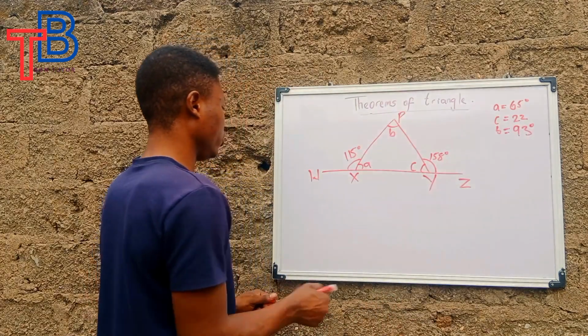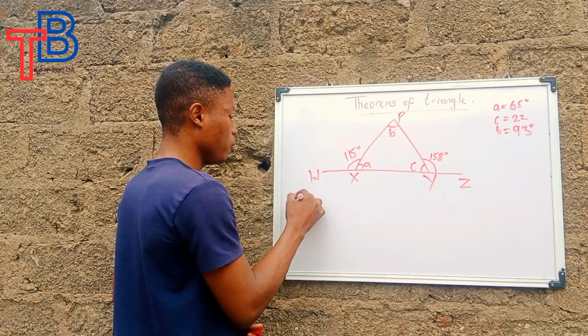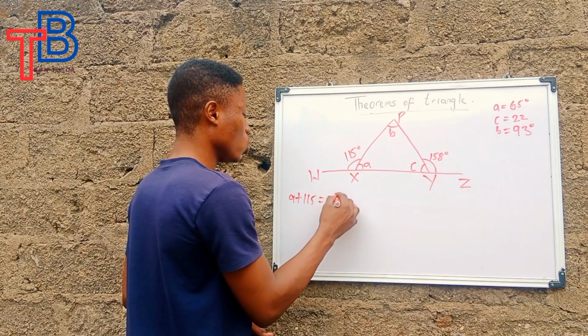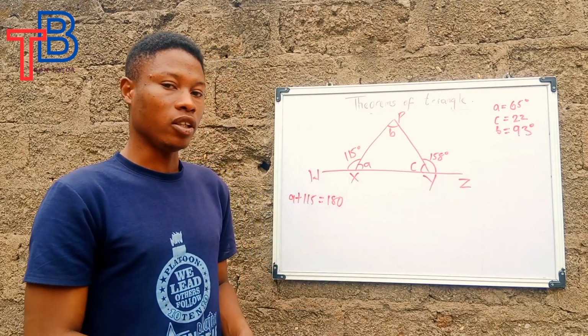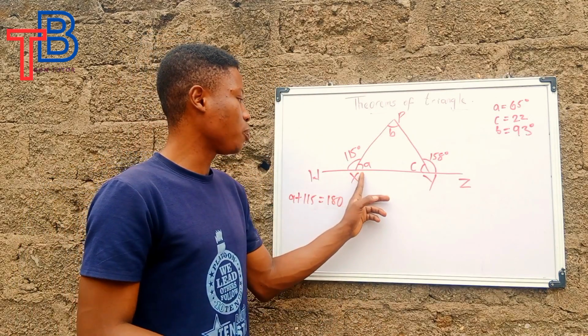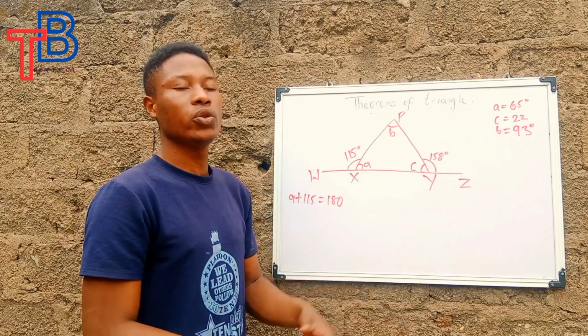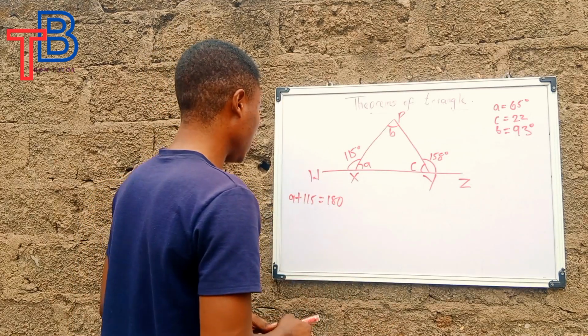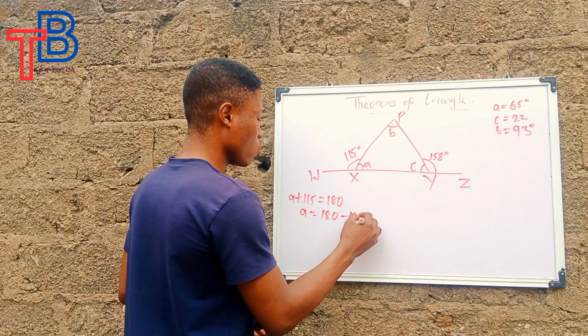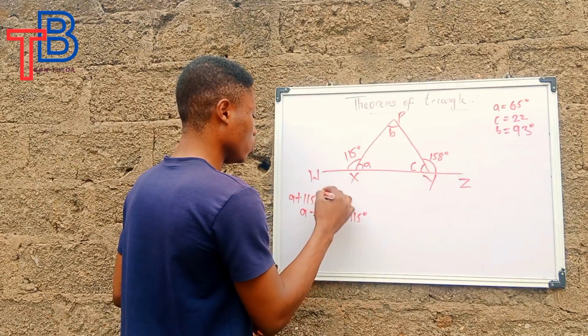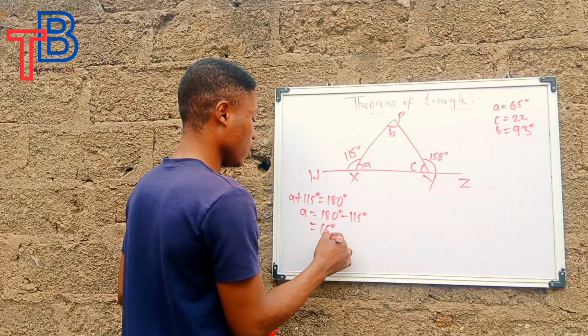And for us to do that, recall that our A plus 115 equals 180, which is angle on a straight line, as explained in the previous example. Because at point X there, these are the only two angles that are on the straight line. And we end up having our A to be equal to 180 minus 115 degree, which gives us 65 degree.